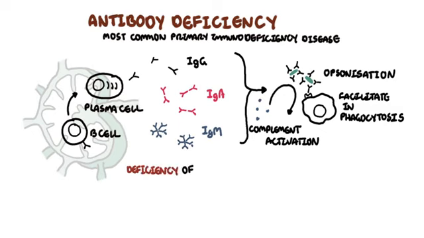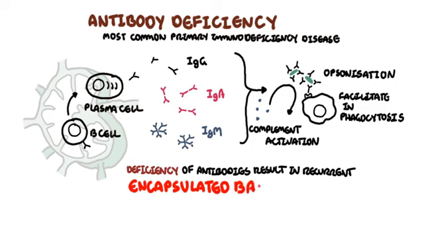Deficiencies of antibodies result in recurrent infections, especially recurrent encapsulated bacterial sinopulmonary infections. So infections involving the sinuses as well as the respiratory tract.